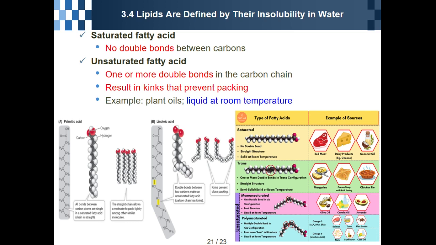Examples of saturated lipid are red meat and cheese. Unsaturated fatty acid includes olive oil, and omega-3 is also an unsaturated fatty acid.